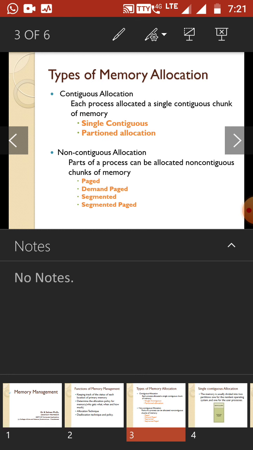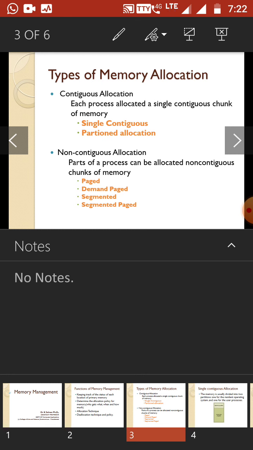Based on this, the contiguous memory allocation techniques are single contiguous and partitioned allocation; these two come under the first type, contiguous memory allocation. Paged memory management, demand paged memory management, segmented memory management, and segmented paging, these 4 memory management techniques come under non-contiguous memory allocation.